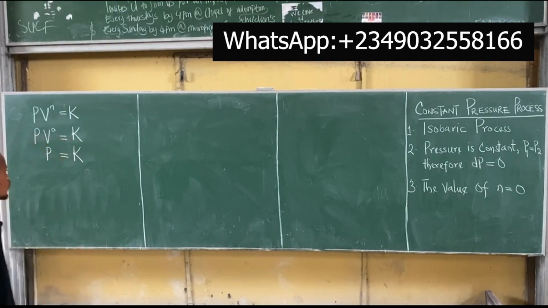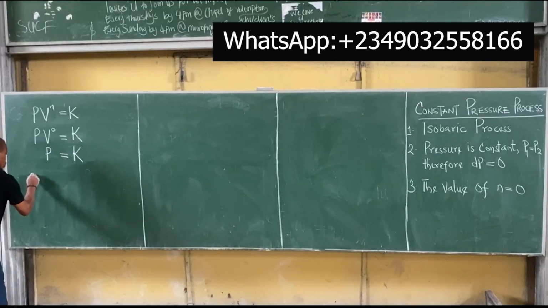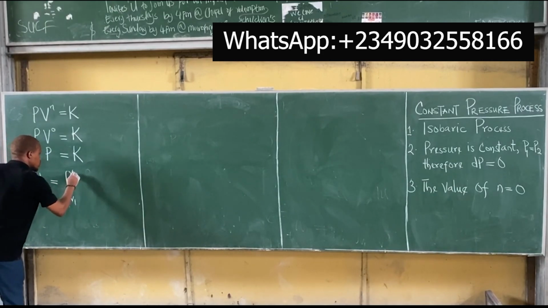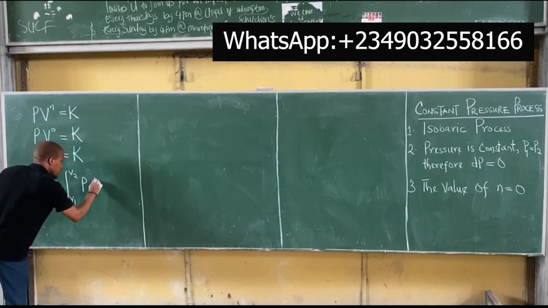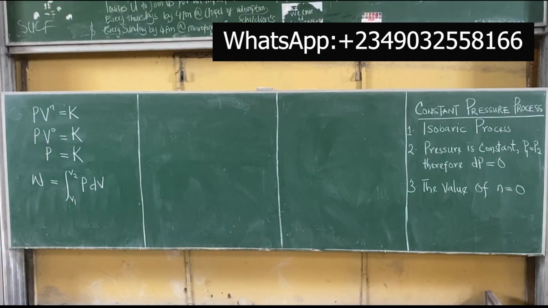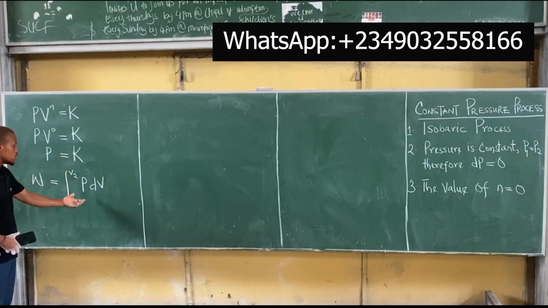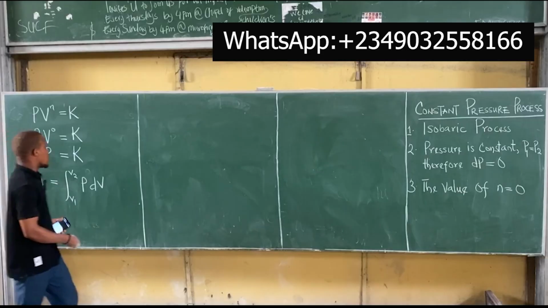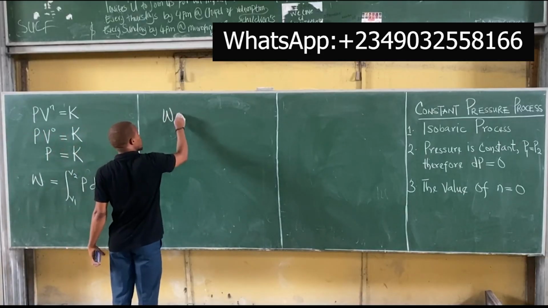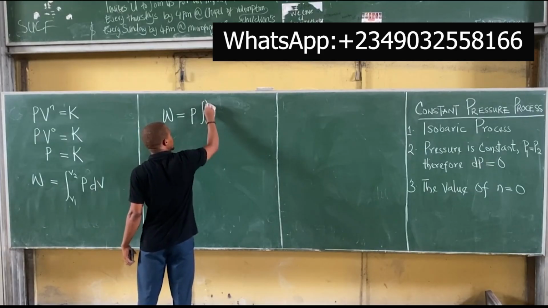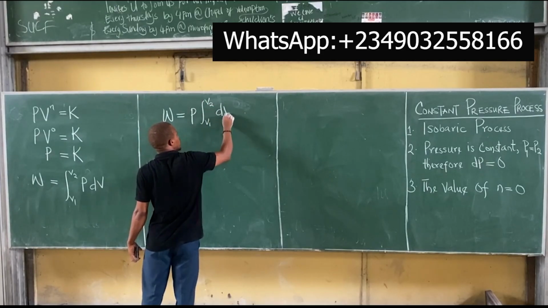So what is the work done for an isobaric process? Recall that work done is given as the integral from V1 to V2 of P dV. And from this point, P is a constant. So we can bring out P, and we have that the work done equals P times the integral from V1 to V2 of dV.